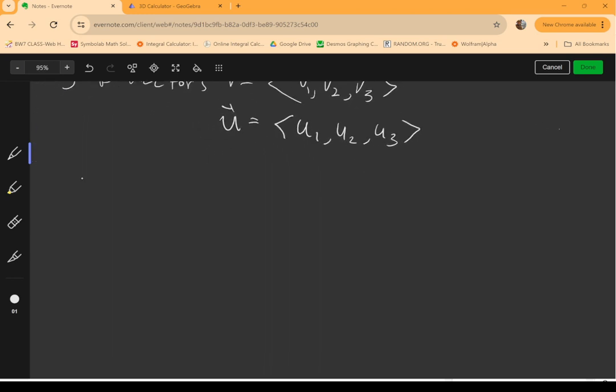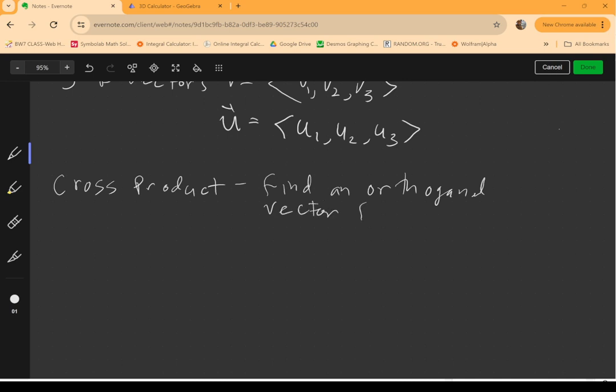So the cross product is an operation that aims to find an orthogonal vector for 2 vectors.